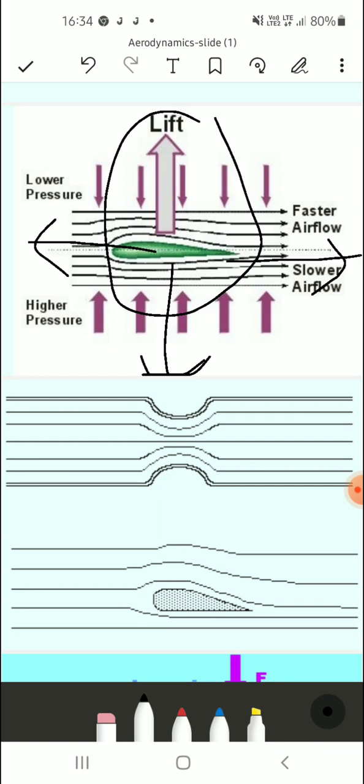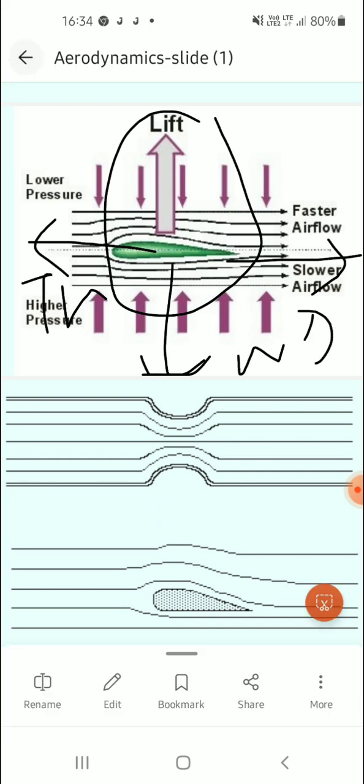These four are the forces that actually work on the basic aeroplane to fly: lift, weight, thrust force and drag force.